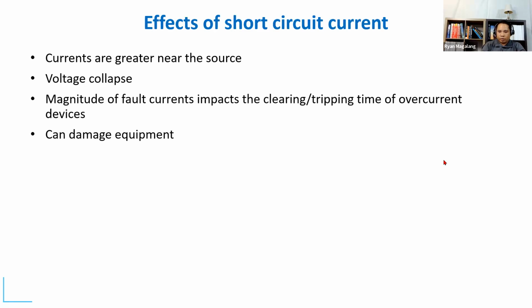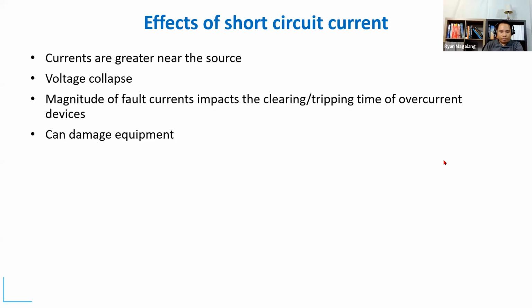So what are the effects of short circuit currents or fault currents? Currents are greater near the source. Obviously, that's because, as we will see later on, the magnitude of impedance, which is the limiting element that determines the magnitude of fault current, is smaller as you go nearer to the source.